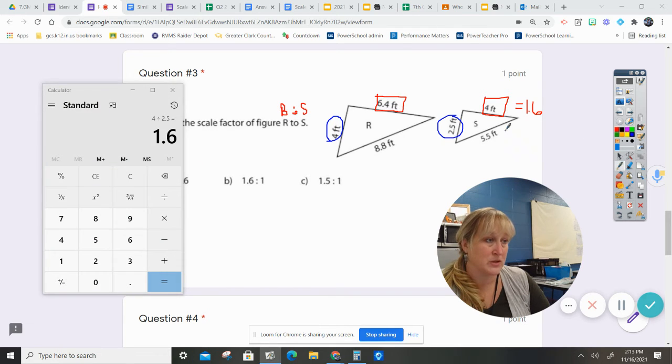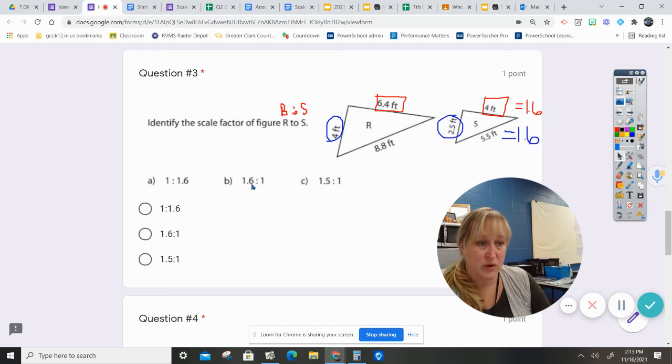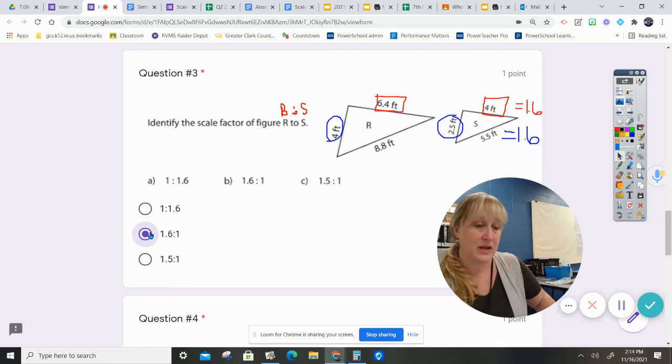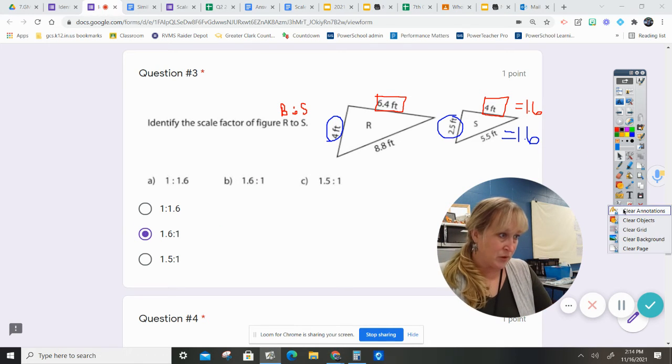So my blue numbers are also 1.6. So this is where I have to think. I know it's one of these two, correct? Because it goes from my bigger shape to my smaller shape, the big number comes first. The 1.6 comes first. That's why that's happening. Okay.